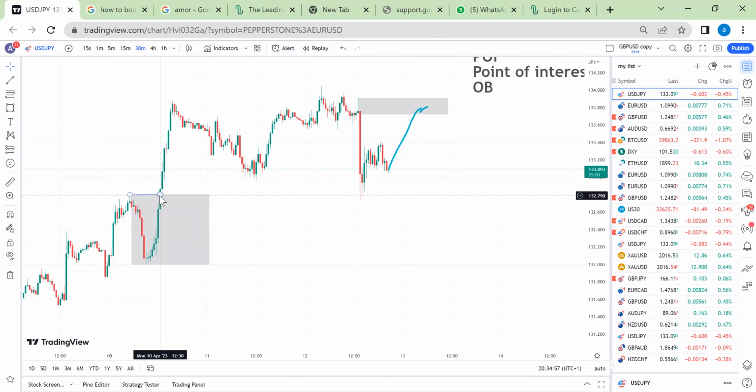Now, if you look at this area from where we have our break of structure, to the beginning of the higher low here, we don't have any other block in it. You may want to go to another time frame to search for other blocks in between here.